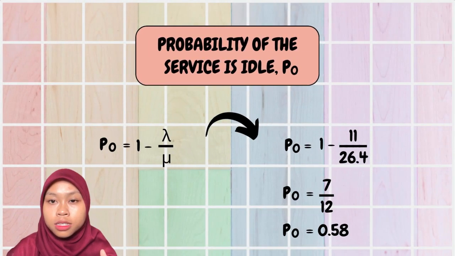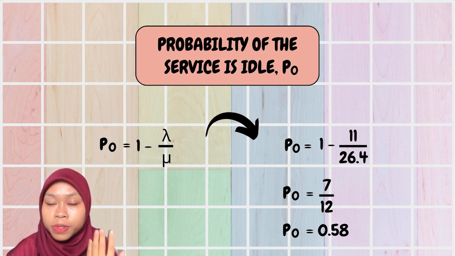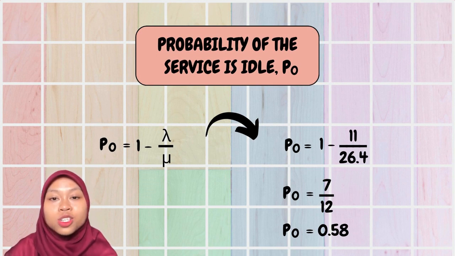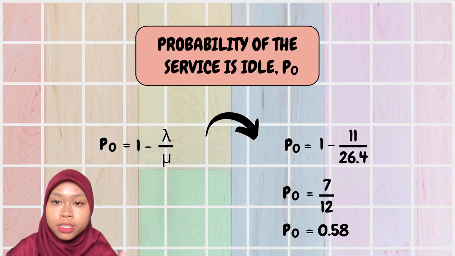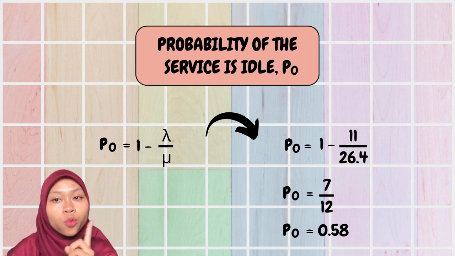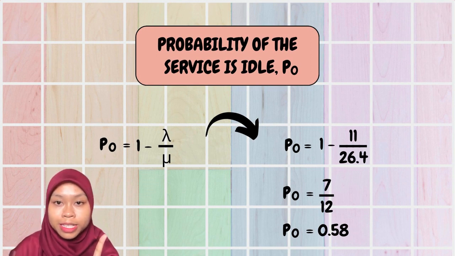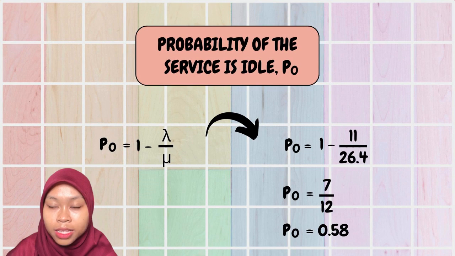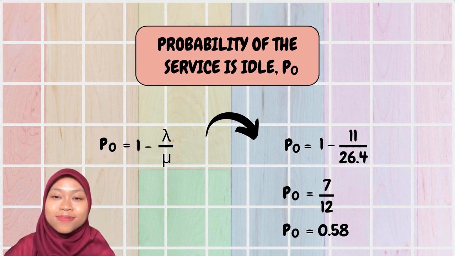Next, since there is only one server at Full Block, it is easier for us to find the complement of probability server is busy, which is probability no one in the system. To find it, we only need 1 minus the probability, which is 0.42. Then we will get probability no one in the system is 0.58.